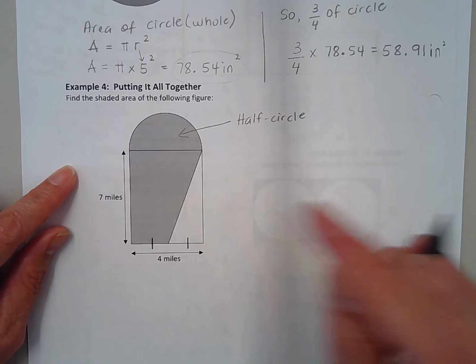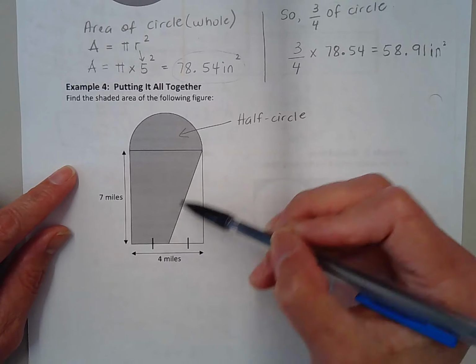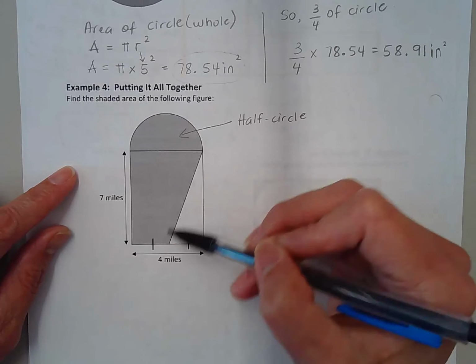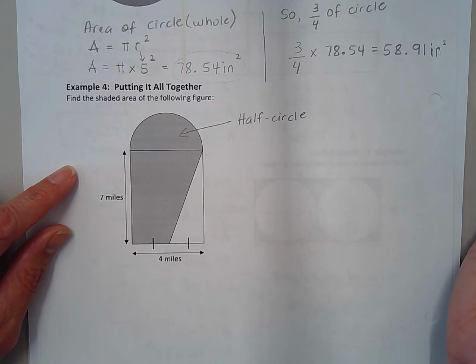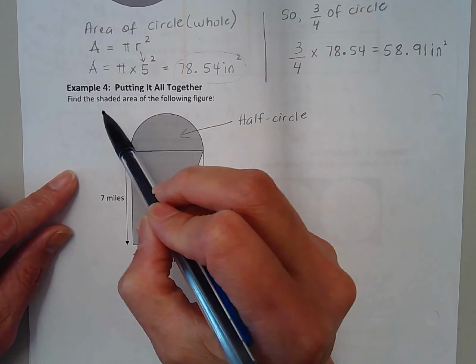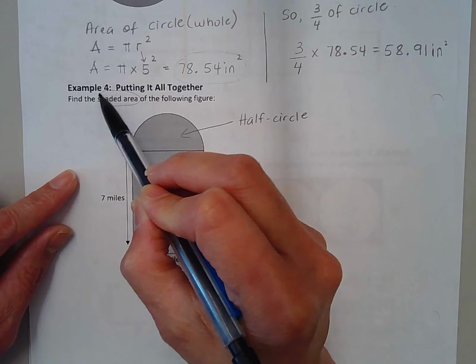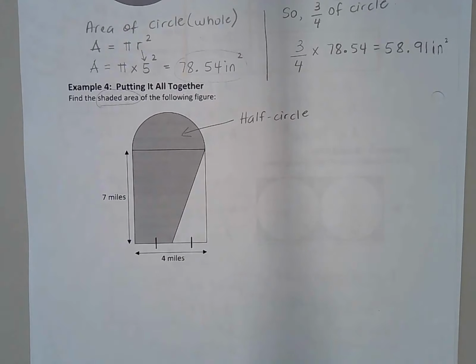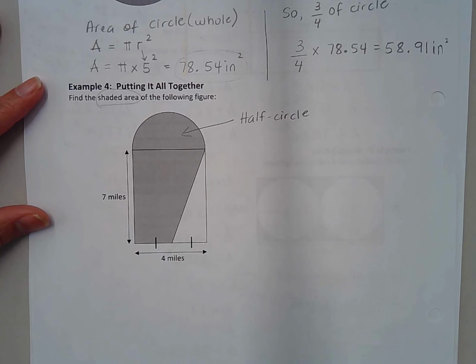We have to figure that out. And then this part is a rectangle, but we are only interested in the shaded part. So what can we do?